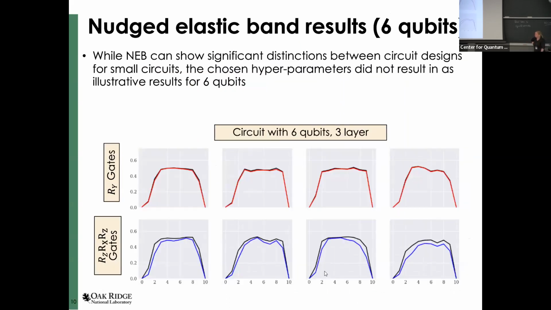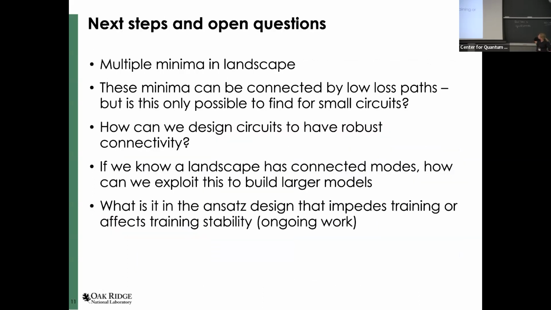Unfortunately, this isn't necessarily true for larger circuits. As our circuits get larger, our minima tend to be separated by these wide flat barriers. So while this is promising work just to get started, showing that it is possible to observe mode connectivity in variational landscapes, there are a lot of open questions that still need to be answered.